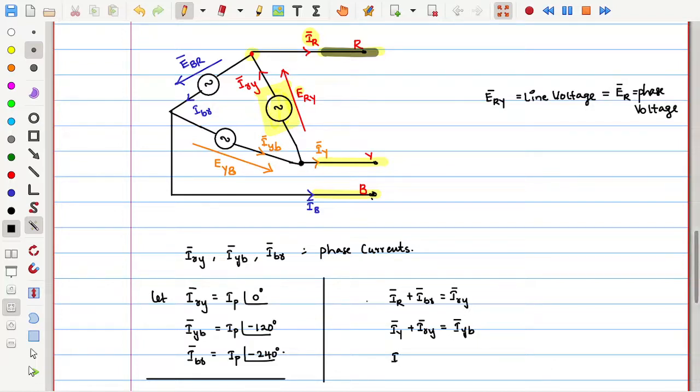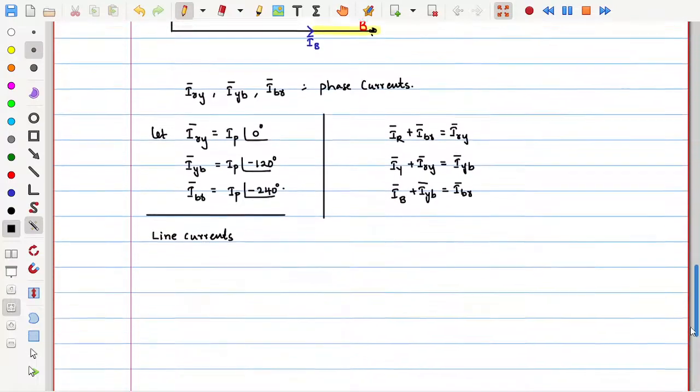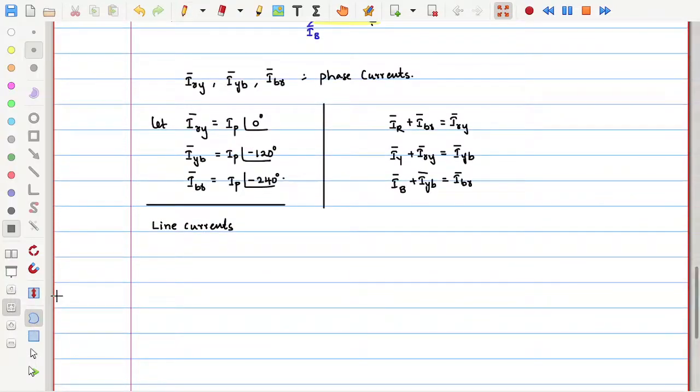And next, at the B node here, IB is leaving, and what else is leaving? IYB. So IYB is equal to the entering current, IBR.